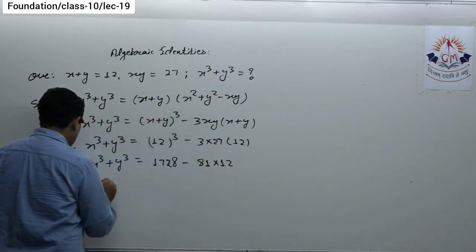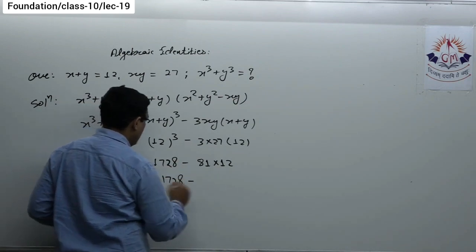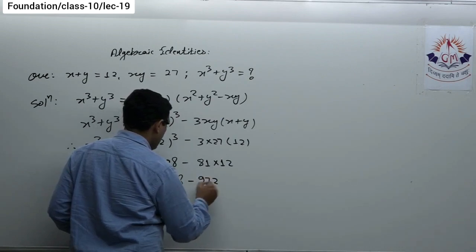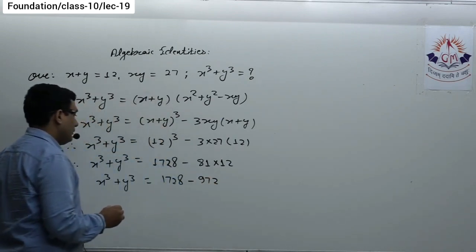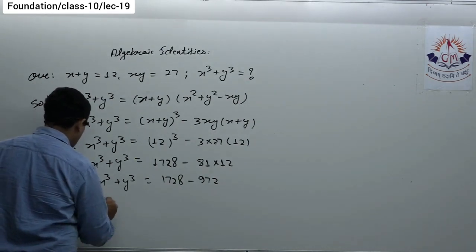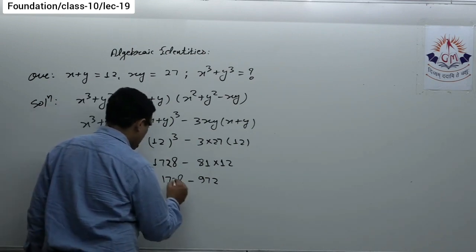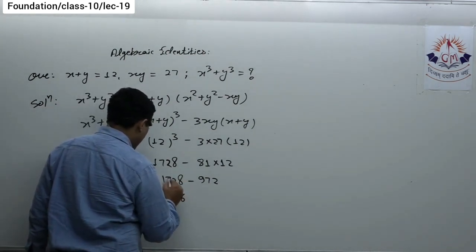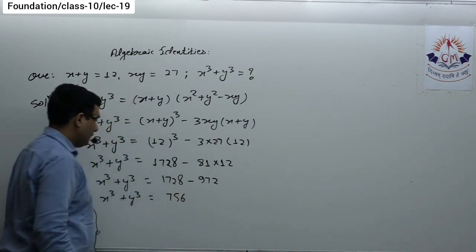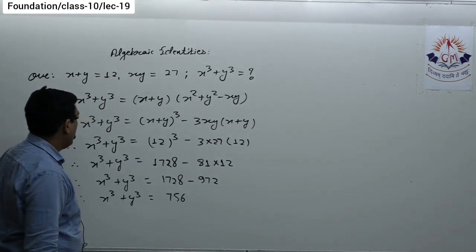So ultimately x cube plus y cube is equal to 1728 minus 972. So 8 minus 2 is 6, 12 minus 7 is 5, 16 minus 9 is 7, 756. Okay, 756 is the answer.